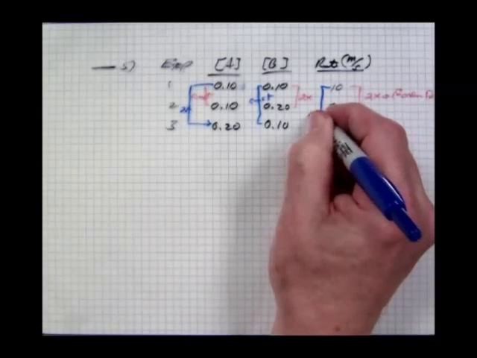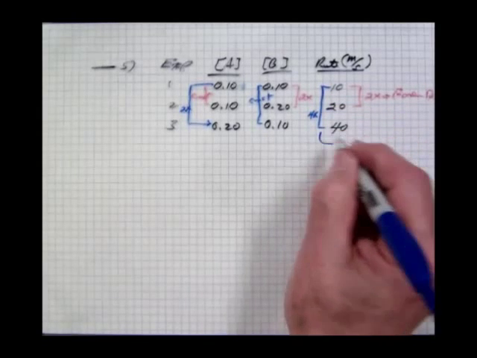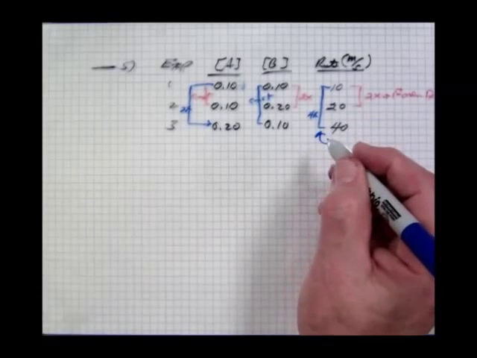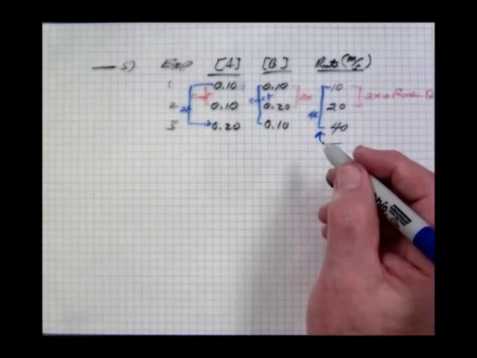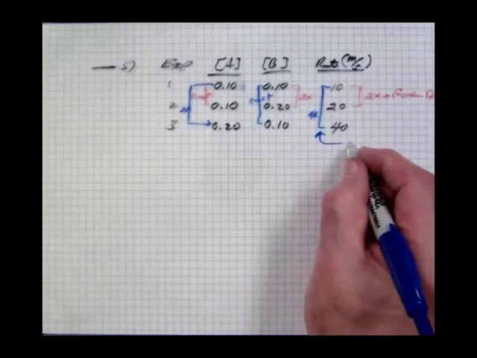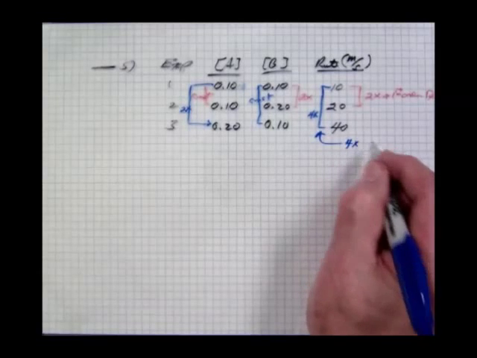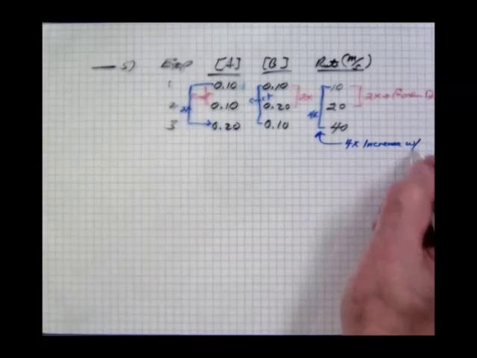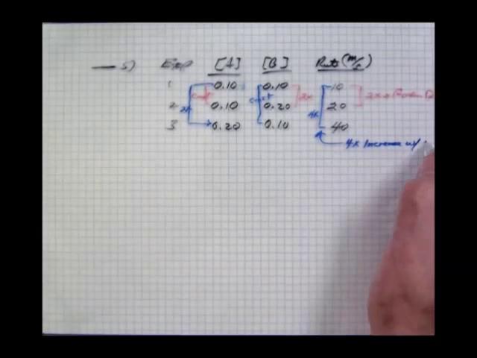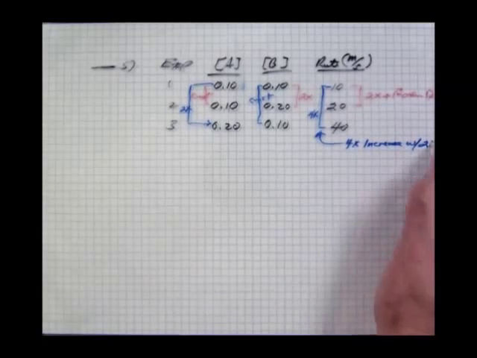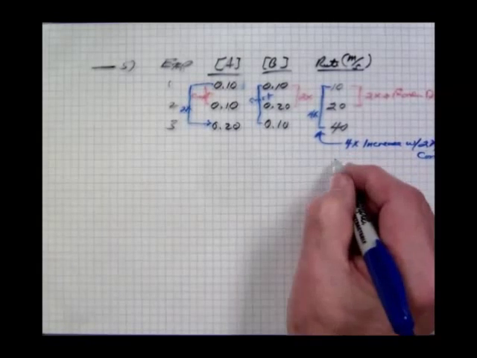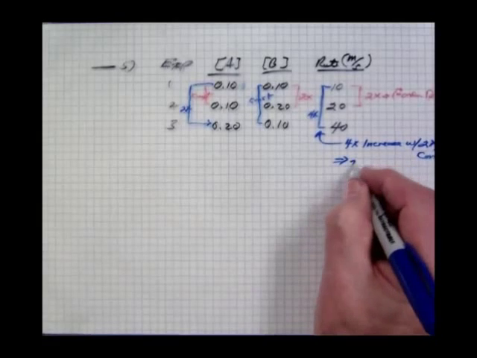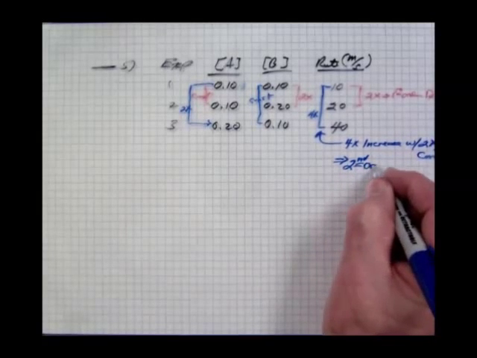This jumps by 4 times, and that means what kind of order? Second order, right. So we have a 4 times increase with 2x concentration. Your conclusion is second order.